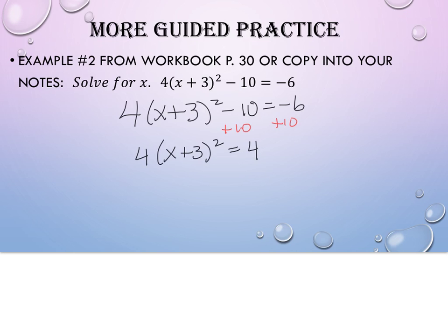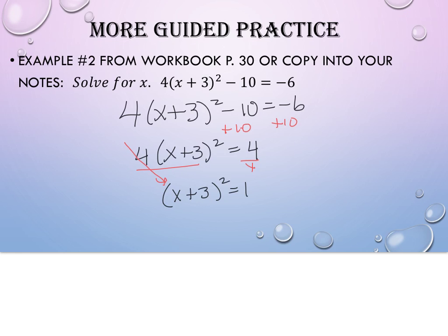Negative 6 plus 10. The next thing I want to do is get rid of the 4 on this side so that they can cancel, because 4 over 4 is a fraction, and that will leave us with x plus 3 squared equals 1.